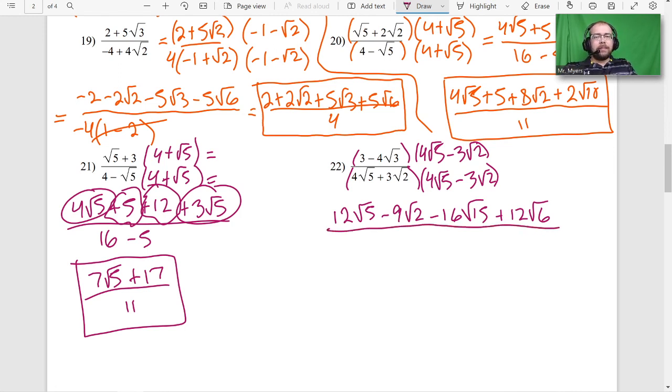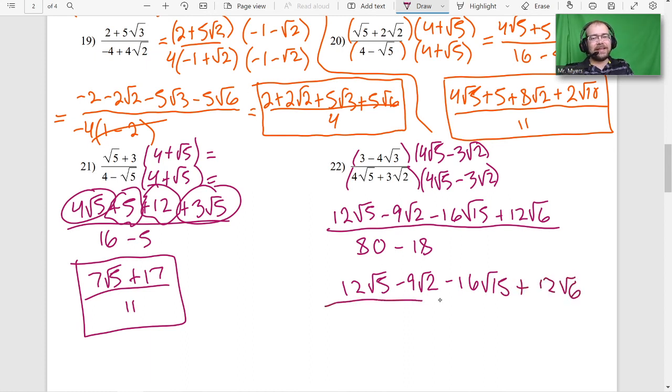All right, and then on the bottom, first times the first, 16 times 5 is 80. Last times the last, that's minus. 3 times 3 is 9, times 2 is 18. Right? 80 minus 18, again, that is going to be 62. So 12 root 5 minus 9 root 2 minus 16 root 15 plus 12 root 6.